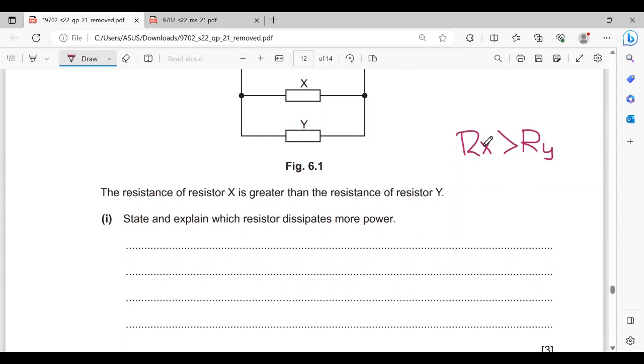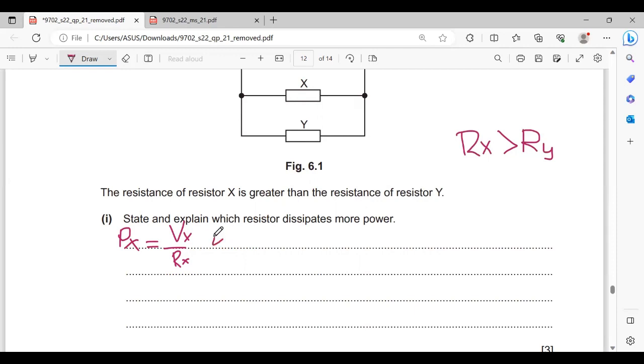If resistance X is greater than resistance Y, it means the power of resistor X equals Vx squared over Rx. You know that power equals potential difference squared over resistance.